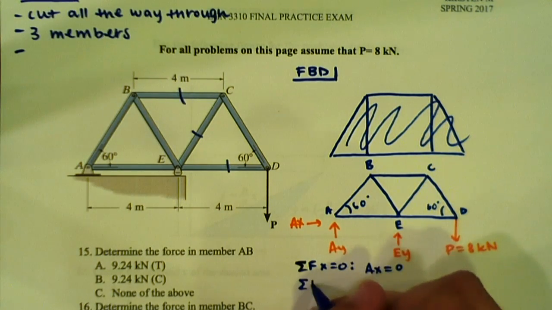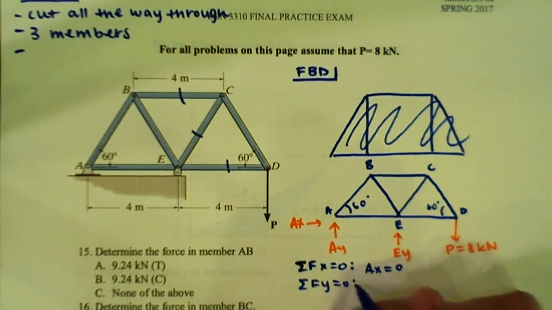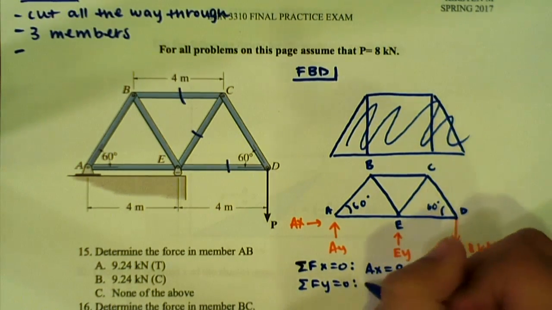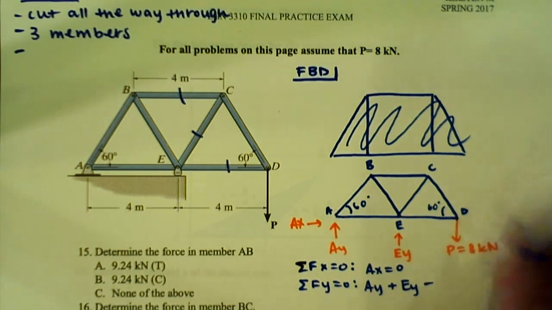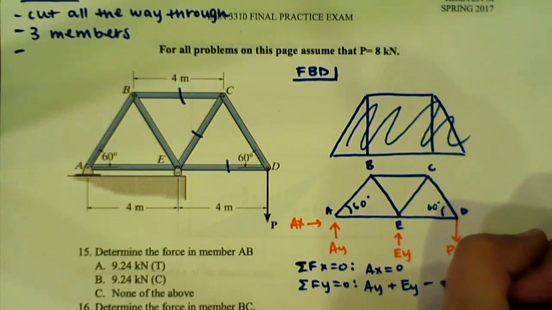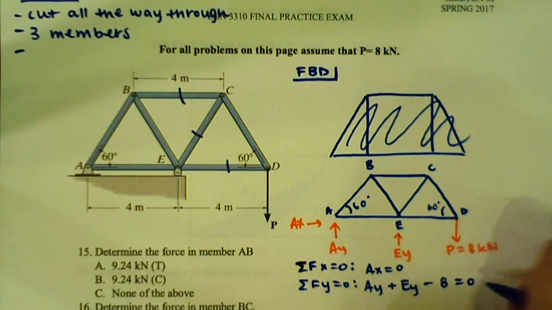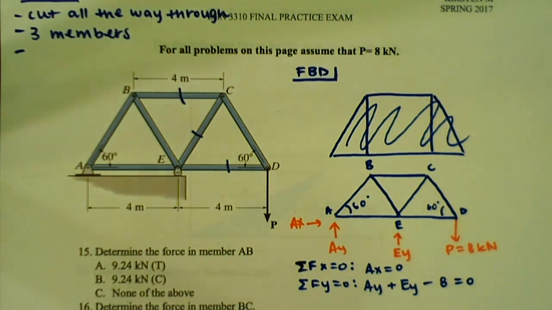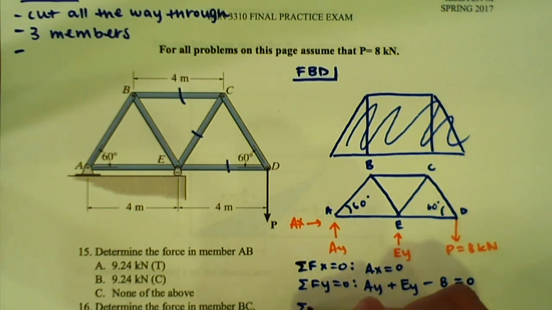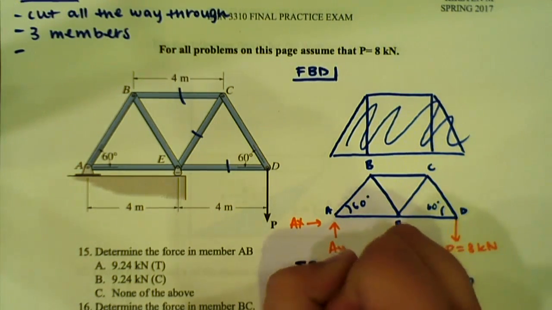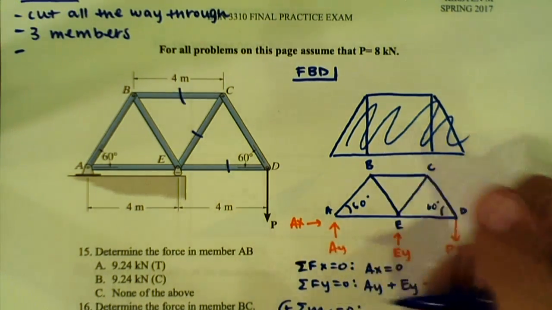Sum of the forces in the Y. We have our AY, our EY, and then our P going in the negative direction, all equal to 0. We have 2 unknowns and only 1 equation, so we need another equation. So let's just take the moment about A and have positive being counterclockwise.